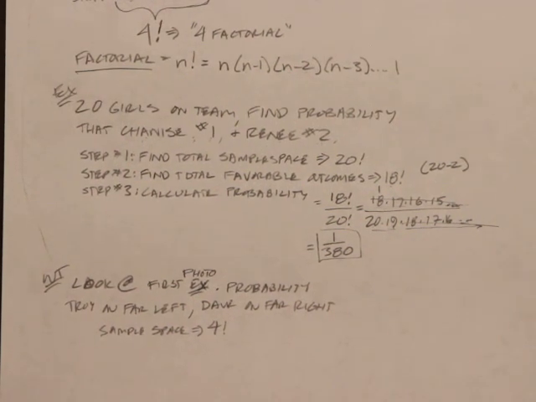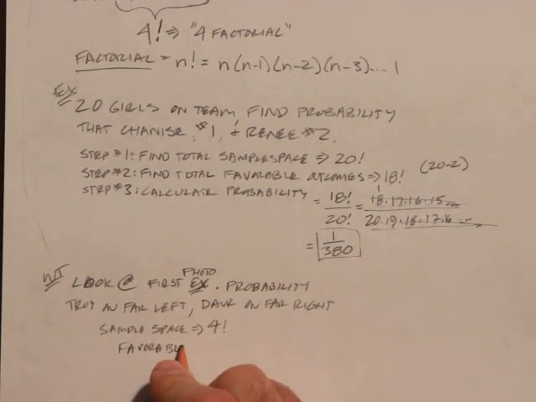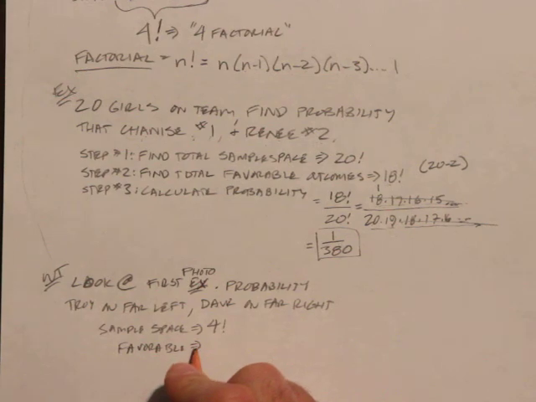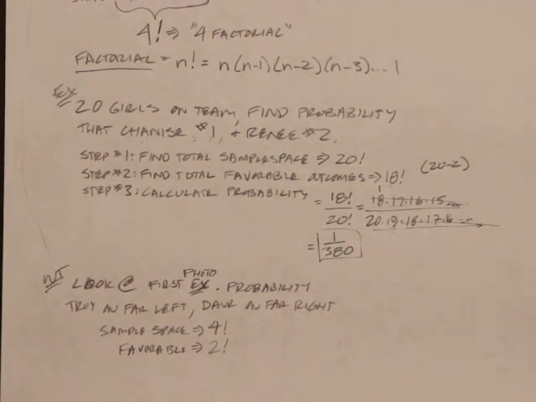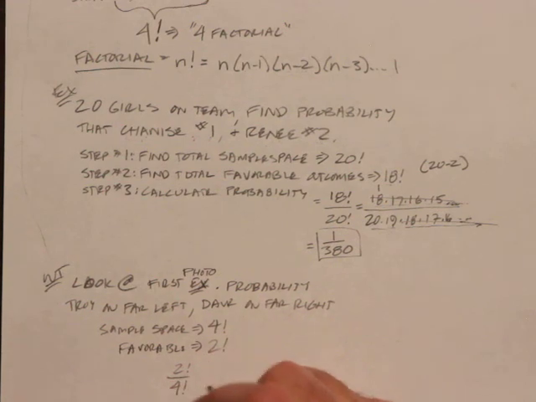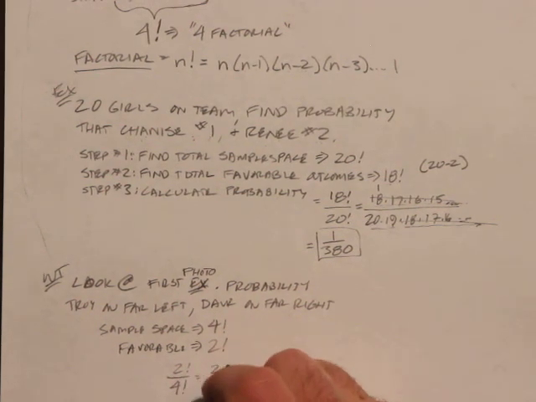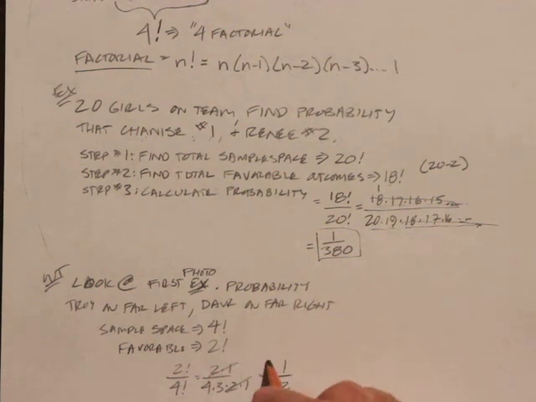And then find the number of favorable outcomes, and that is 2 factorial. And then we just put them on top of each other. 2 factorial over 4 factorial equals 2 times 1 over 4 times 3 times 2 times 1. Those go away, and I have 1 out of 12.